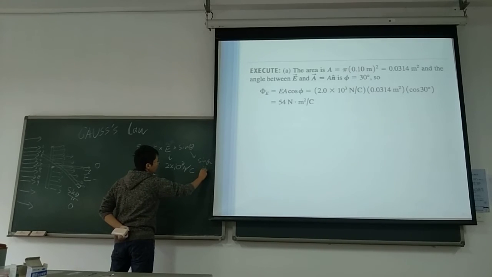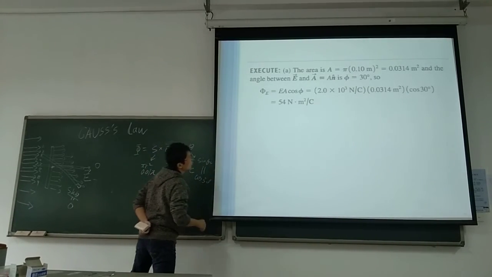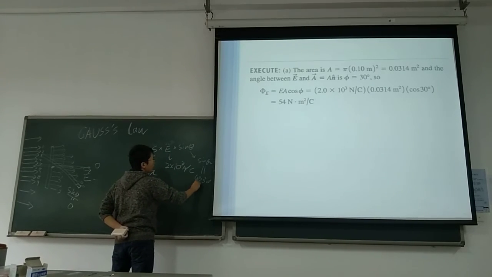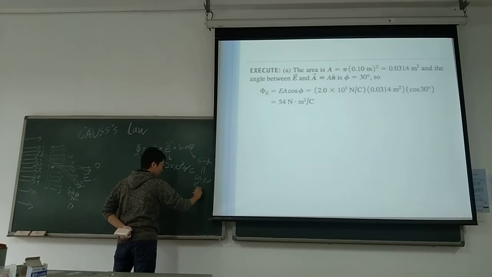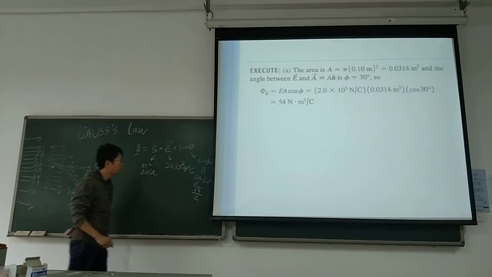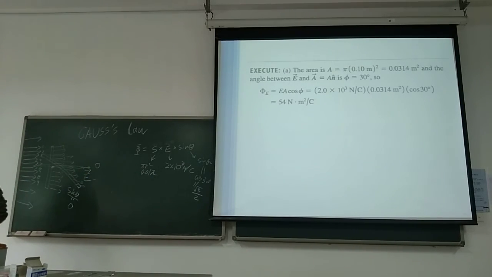Sine 60 equals cosine 30, so no matter which one we use, it is okay. And the final result is square root of 3 over 2. And we finish the calculation. You will get an answer of 54 Newton meter square per coulomb.